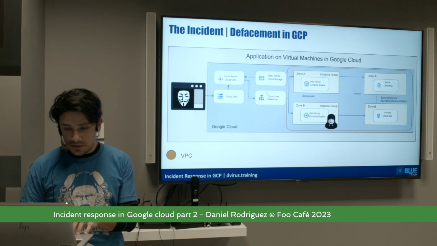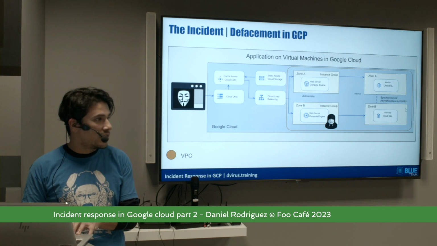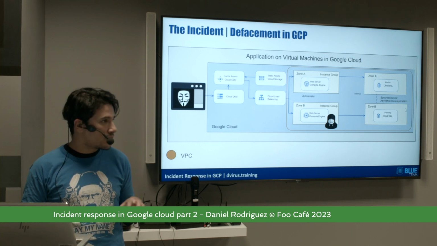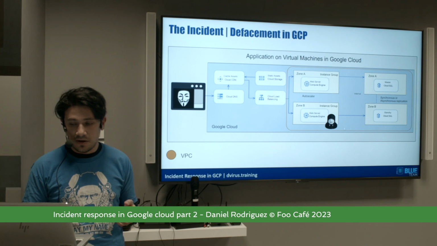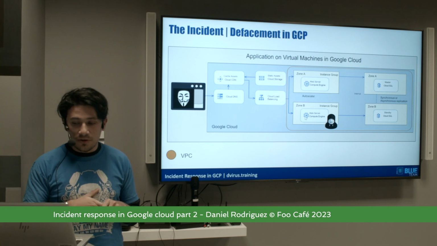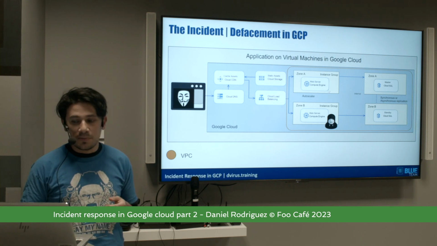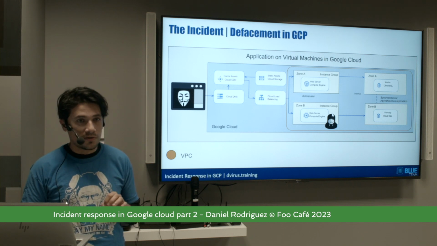Something important in Google Cloud is this VPC, a virtual private cloud, and everything that we will do today is according to this VPC. All of those are in 2 zones, zone A and zone B, and this is super important because if we deploy a virtual machine for investigation, we need to deploy it in the same region.